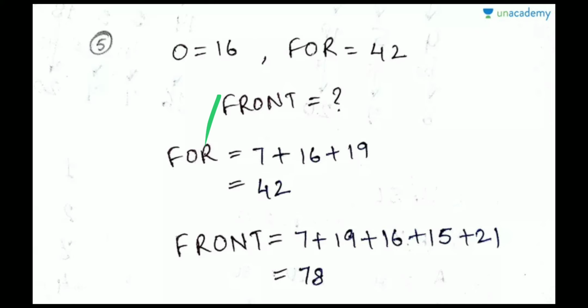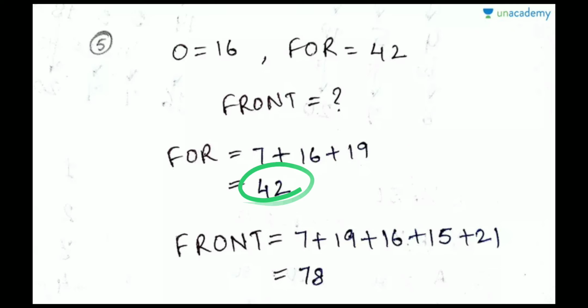For F, the actual position is 6, but they have added 1 to that to get 7. Similarly, they have done it with O. O's actual position is 15. When you add 1 to that, you get 16. And similarly with R, when you add 1 to the position of R, you get 19. It means 18 plus 1, 19. Fine. So after adding all these, you will get 42.